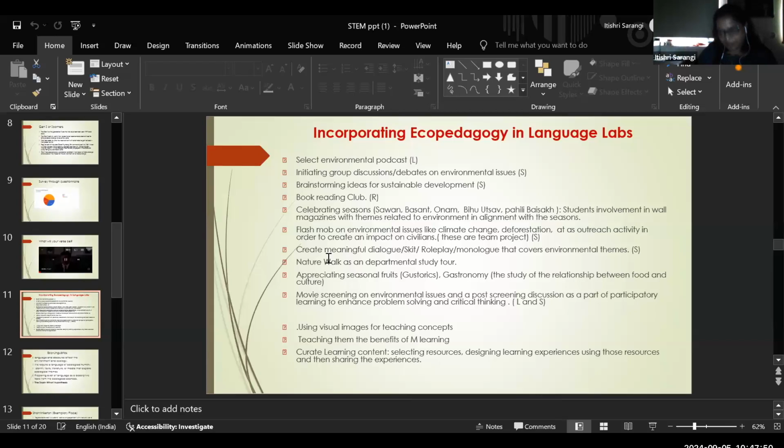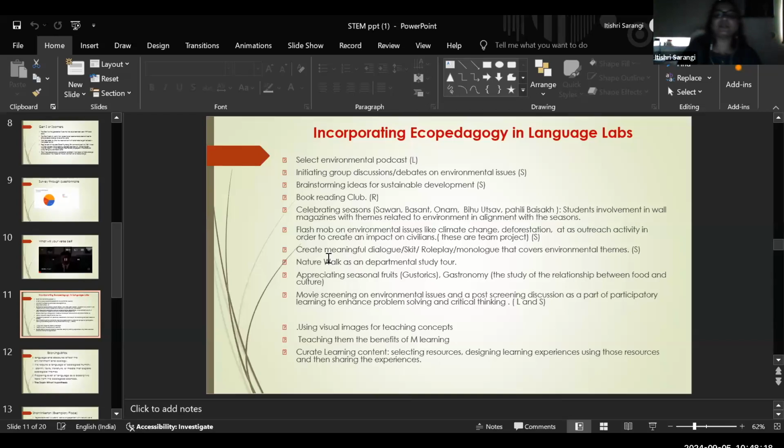In our university, we also have a book reading club where we take up sci-fi fiction and discuss all kinds of environment-related themes, so that students brainstorm ideas and get a sense of the environment while discussing climate fiction.